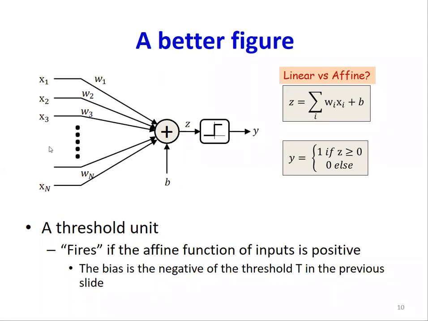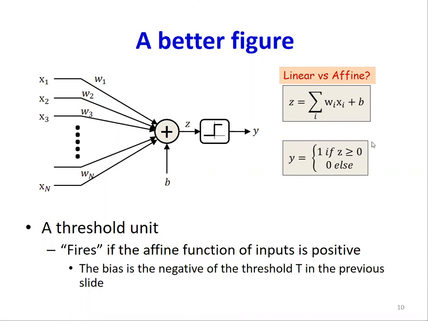We can say that the neuron first computes an affine function of the inputs. And does anybody remember what the difference between linear and affine is? Anyone? Bias. Just the bias term, right? So it's the weighted sum of the inputs plus a bias.